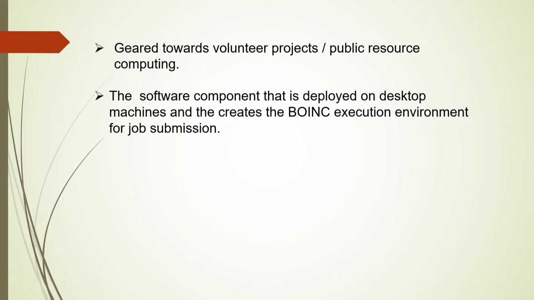Given the volatility of the BOINC clients, BOINC supports job checkpointing and duplication. Even if mostly focused on volunteer computing, the BOINC system can be easily set up to provide more stable support for job execution by creating computing grids with dedicated machines.